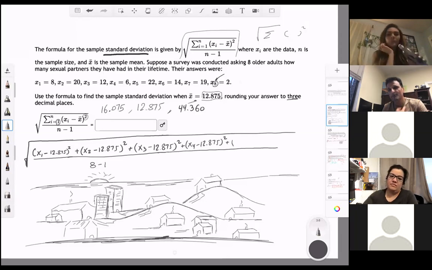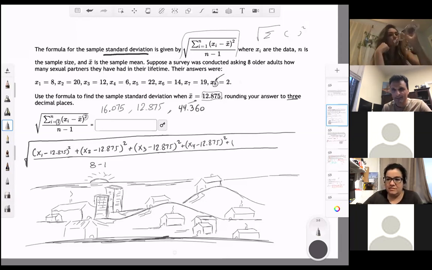In statistics, if we use a graphing calculator, we use the website related to the book. But for this course, you need to do algebra.